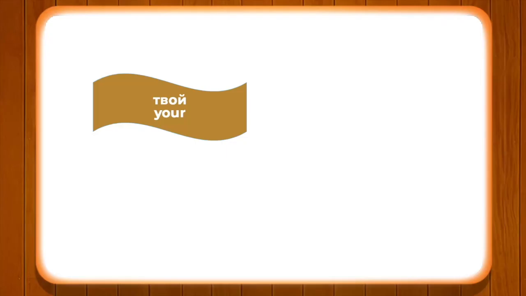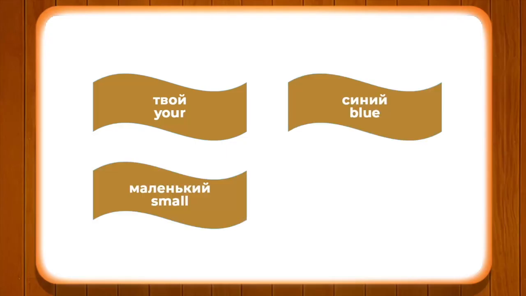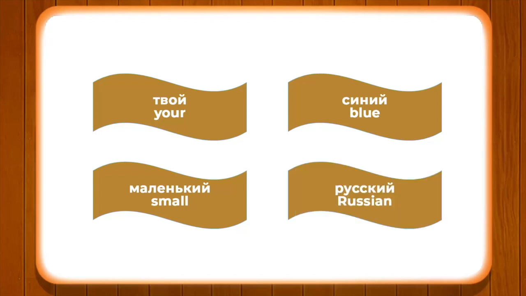So, here we have tvoi, which means yours, sinny means blue color, malenki means small, and ruski means Russian. That is why when we translate Russian language, we say Ruski Yazyk, and Yazyk means language, as well as we can also use Yazyk for tongue.